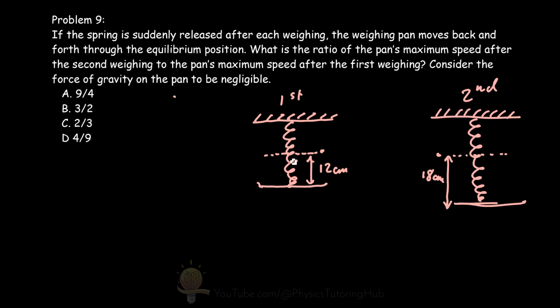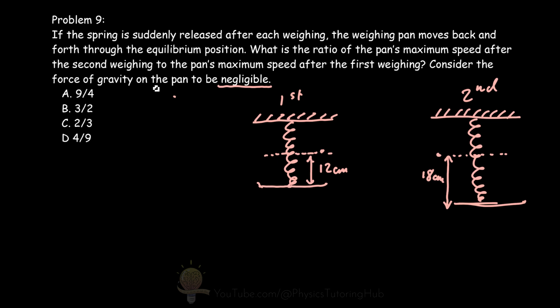So when our spring goes from its stretched length, like it is here, back to its equilibrium position, the elastic potential energy gets converted into kinetic energy. And because the force of gravity is to be considered 0 here, we're ignoring it, this means that no gravitational potential energy is gained as the spring contracts.